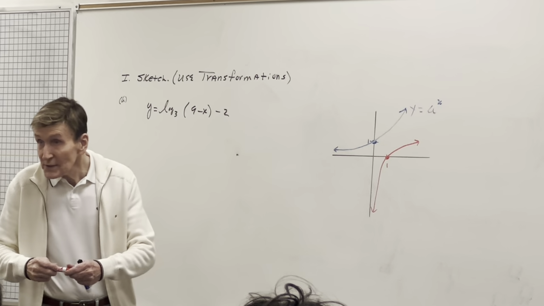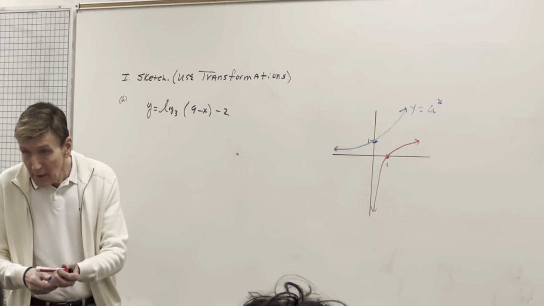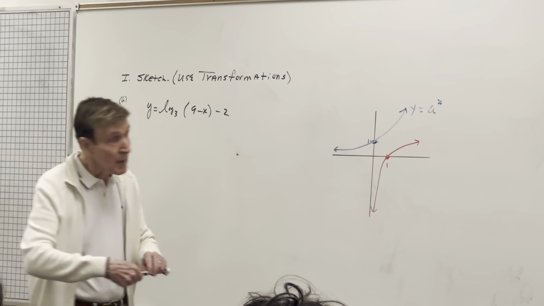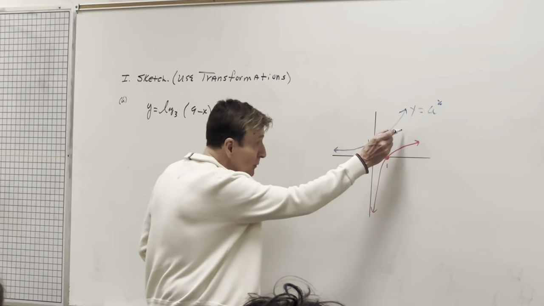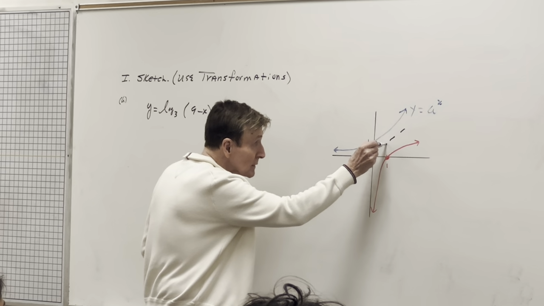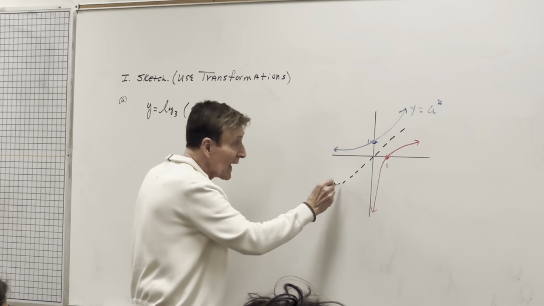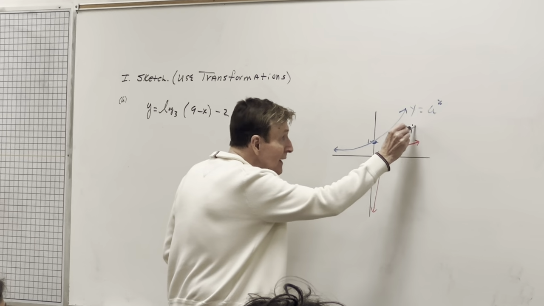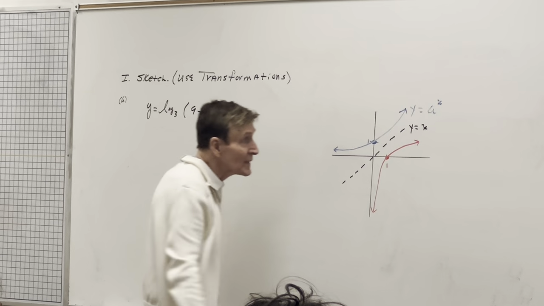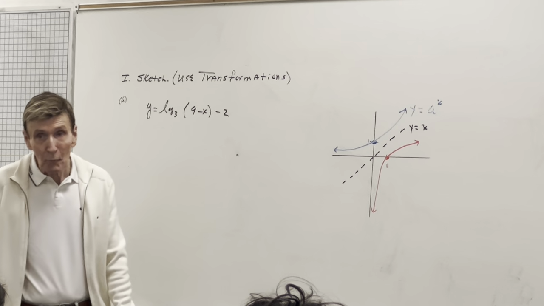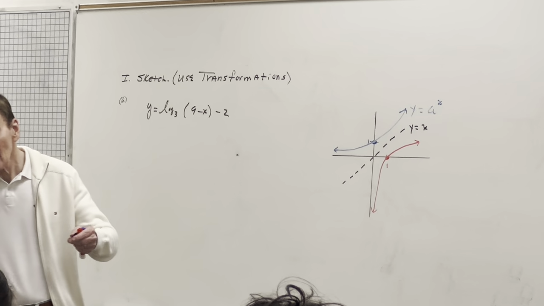In fact, I heard one student in class when I did this, I recall, he was telling me, Professor, these two are inverses of one another, because the reflecting line was y is equal to x. And one graph is a reflection of the other across that line.